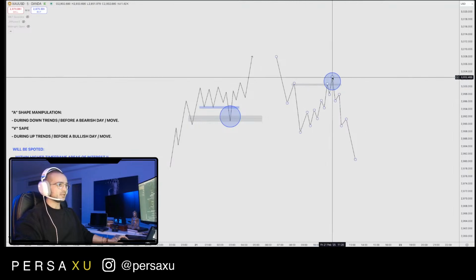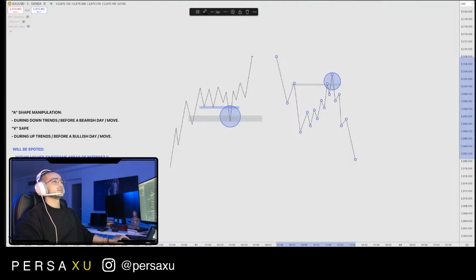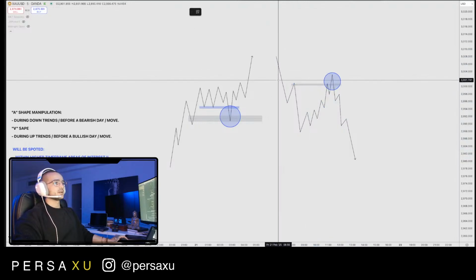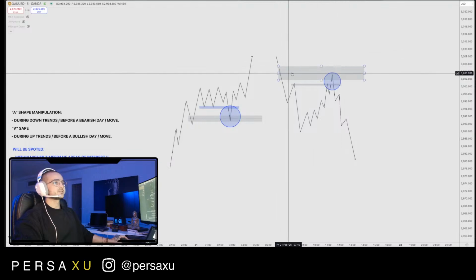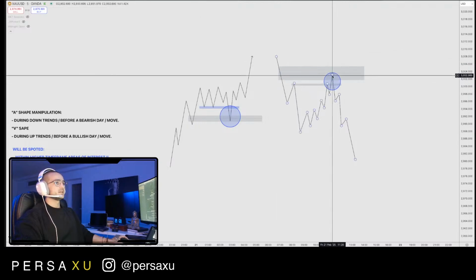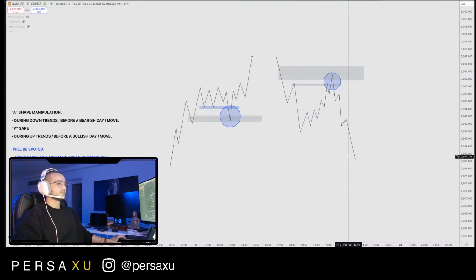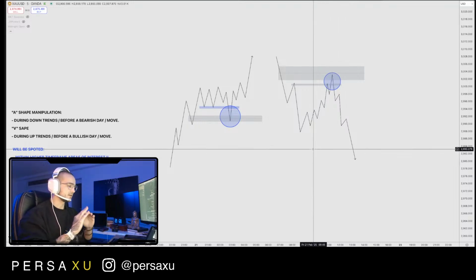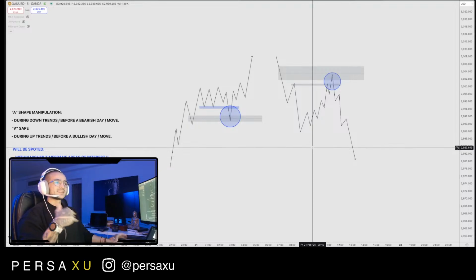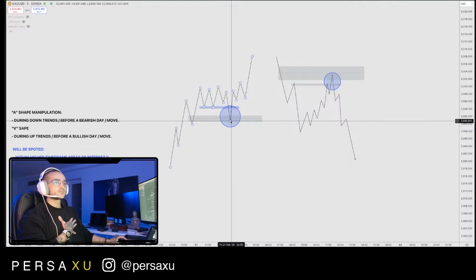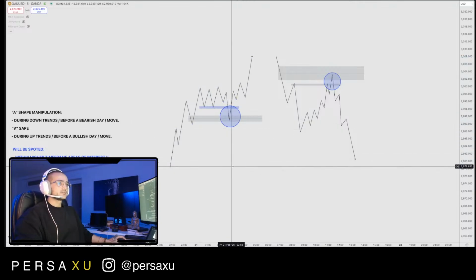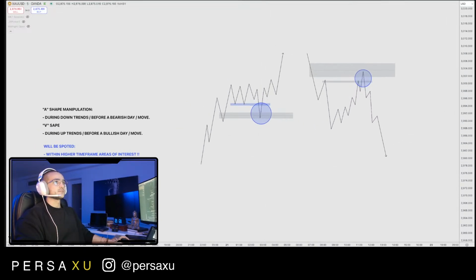You got that peak up over there, and there has to be something around here that's interesting for the market to grab liquidity and continue falling. Okay, so that's the general idea. That's the simplest way I can present it to you, and we'll look into the details. So here we have the V's.